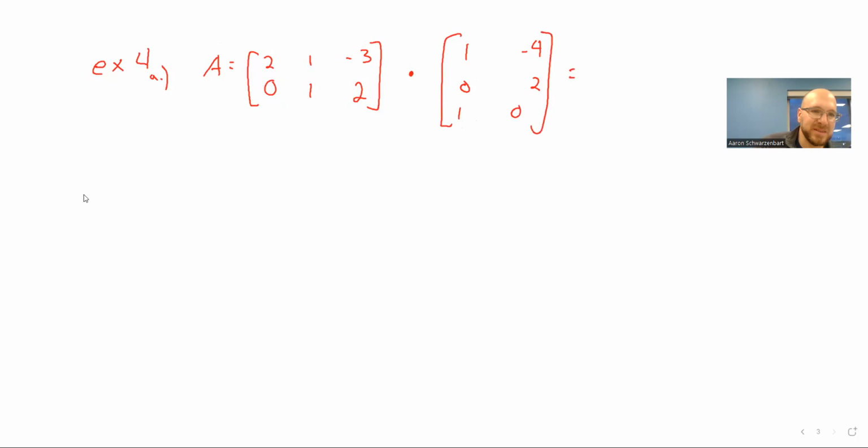Okay. So here I have a 2 by 3. And I'm multiplying that by a 3 by 2. In order for this to work, these inside dimensions have to match. This does not work if the inside dimensions don't match. You cannot multiply.